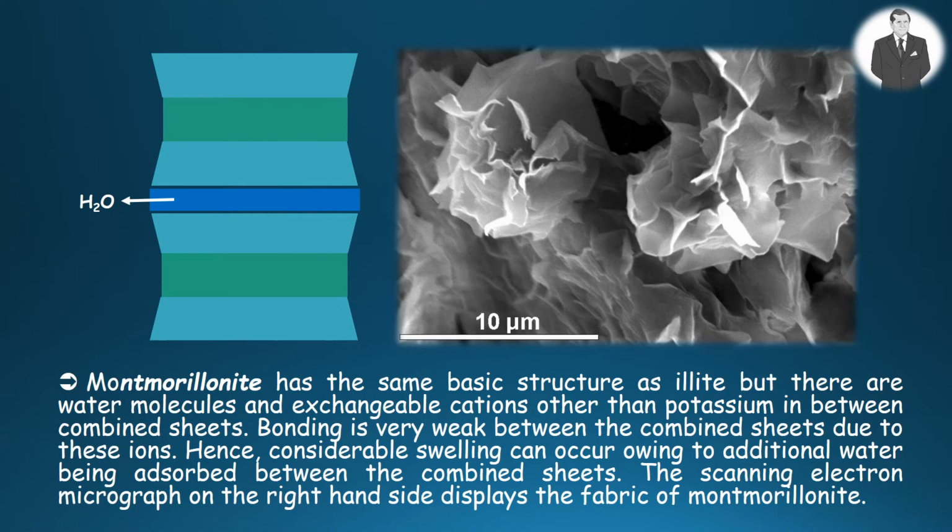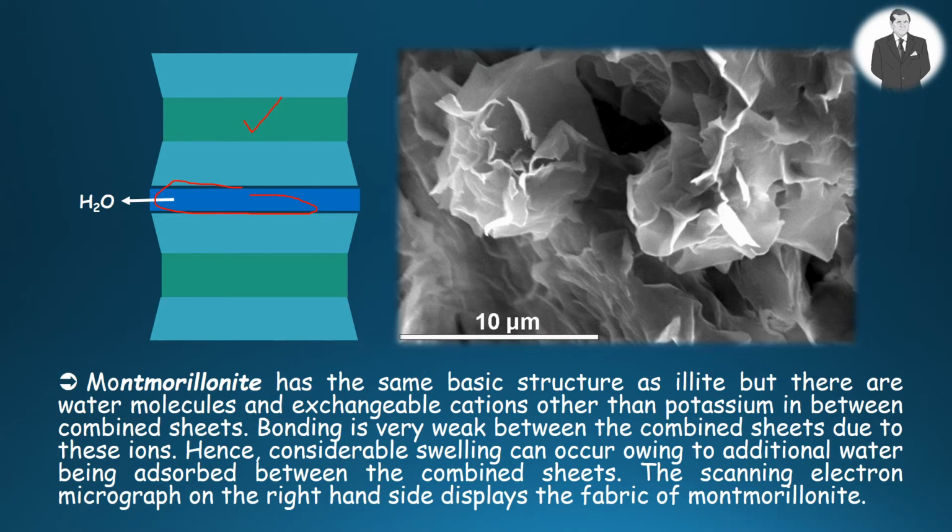Montmorillonite consists of the same basic structure as illite, but there are water molecules and exchangeable cations other than potassium in between combined sheets. Bonding is very weak due to these ions.